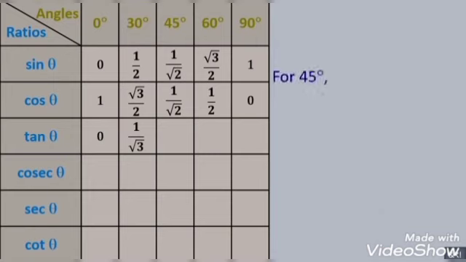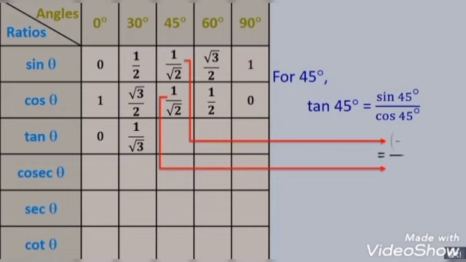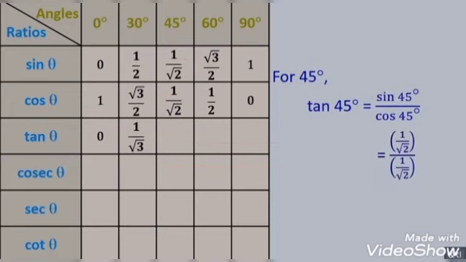And for 45 degree, tan 45 degree is equal to sin 45 degree by cos 45 degree. Their values are 1 by root 2 and 1 by root 2. So root 2 gets cancelled and the remaining answer is 1 by 1, so we can write 1.